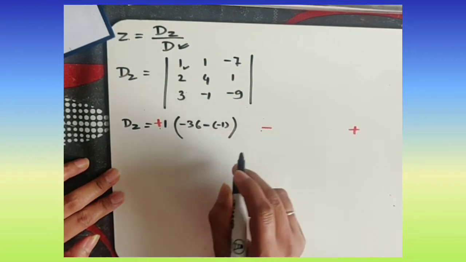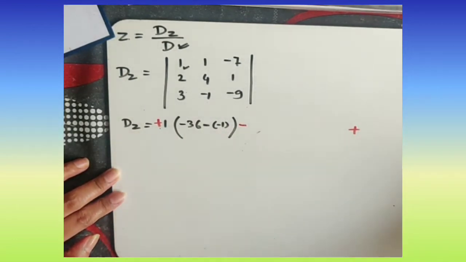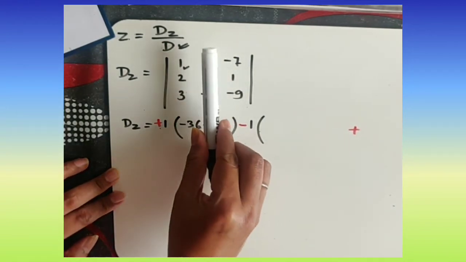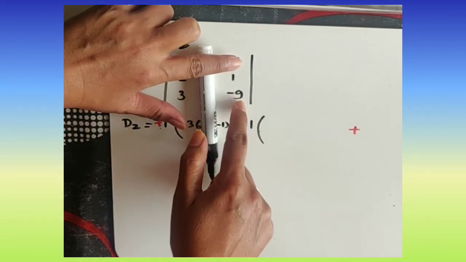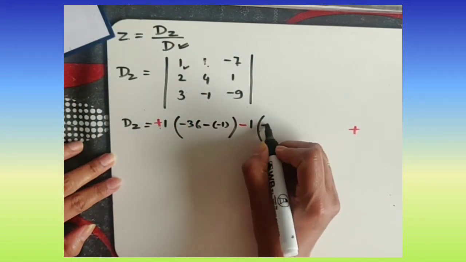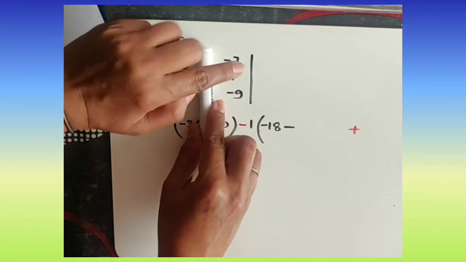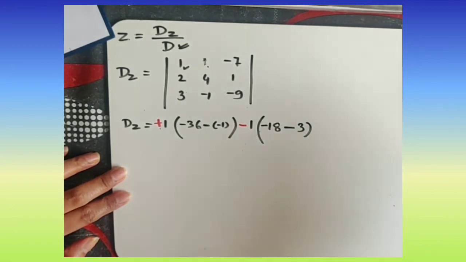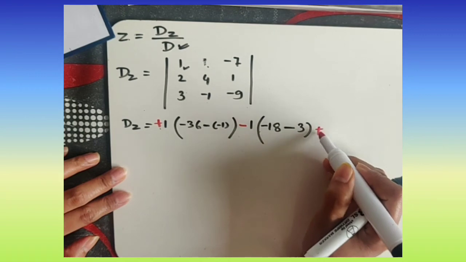Then here minus, and then the second number is here 1, and then cover the second column and first row again, then multiply by minus 9 and 2 will give us minus 18, and then minus multiply by 3 and 1, so this will be minus 3, and then here it will be plus minus, and then again here plus.